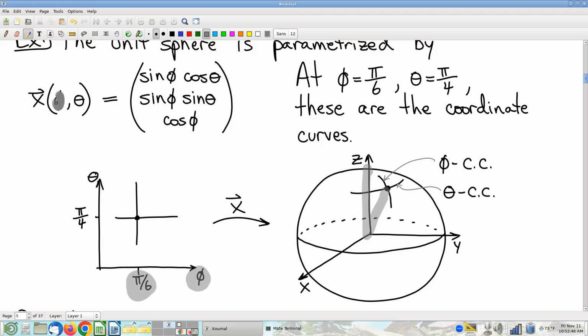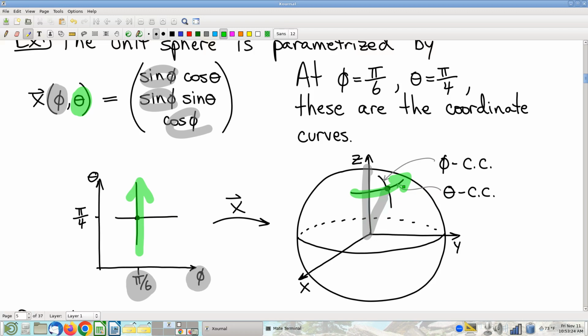With phi being fixed, that means that all of this is constant, and that's constant, and that's constant. And if I ask, well, what happens now? How is position a function of theta? As theta changes, as I move along in the theta direction, with phi fixed, well, then I just move along like that on the surface of the sphere. You might say I move along that latitude line of the sphere. Does that make sense to everybody?